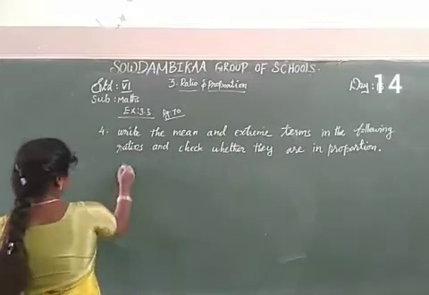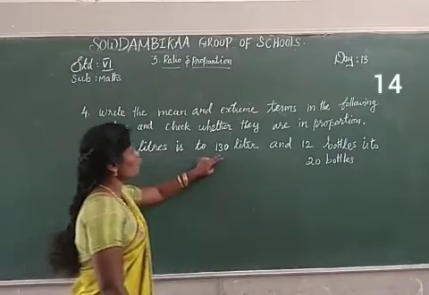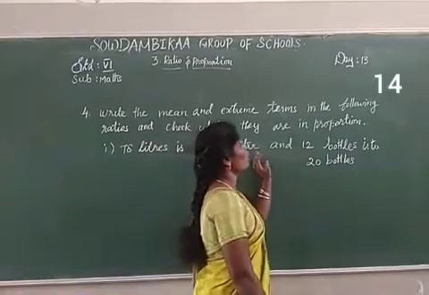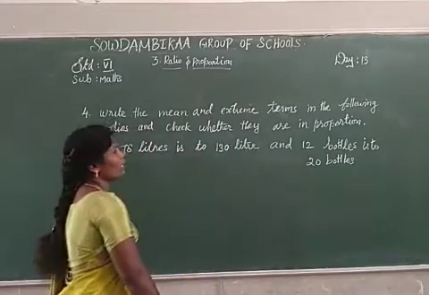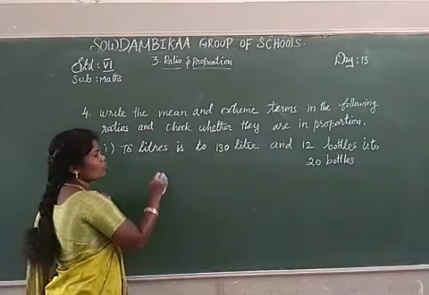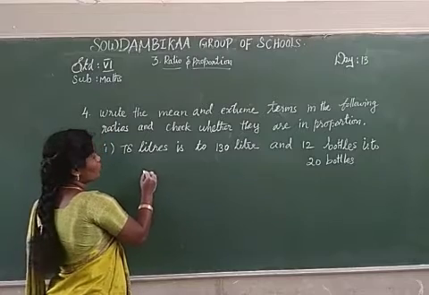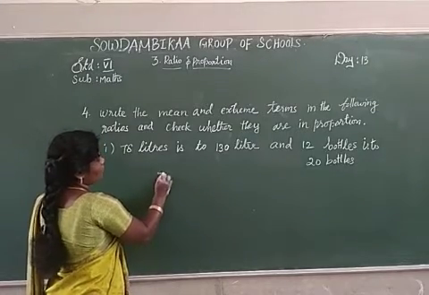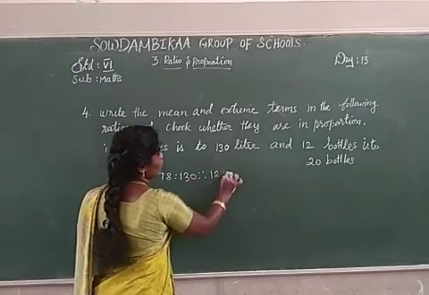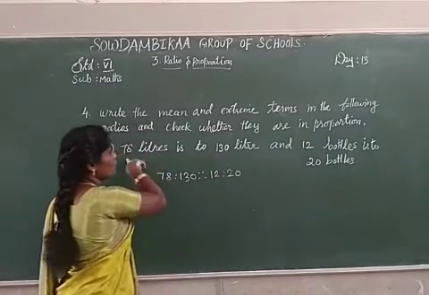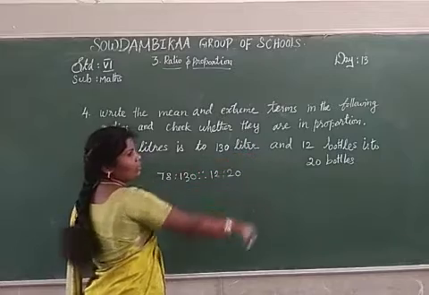The first point: 78 liters is to 130 liters and 12 bottles is to 20 bottles. Now the answer: 78 is to 130 is equal to 12 is to 20.